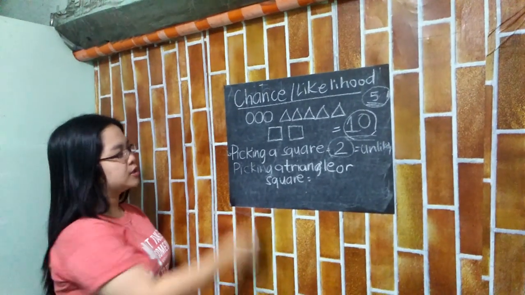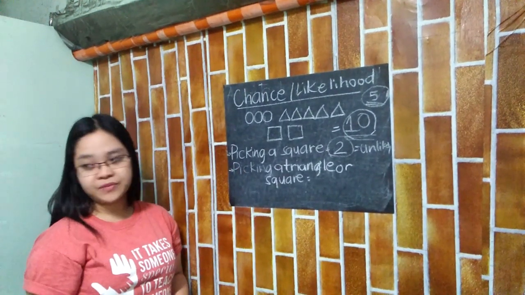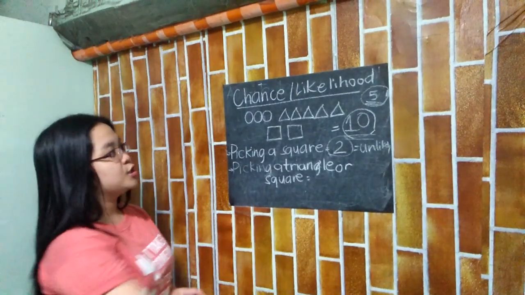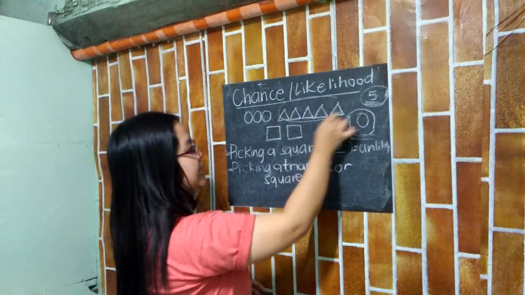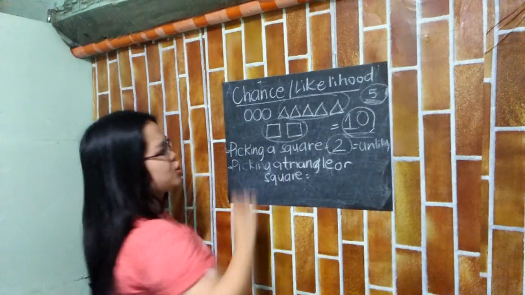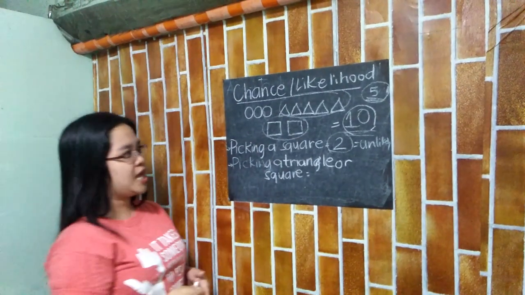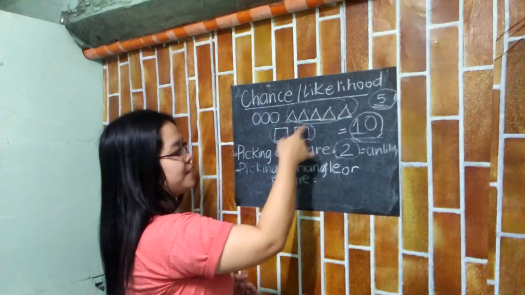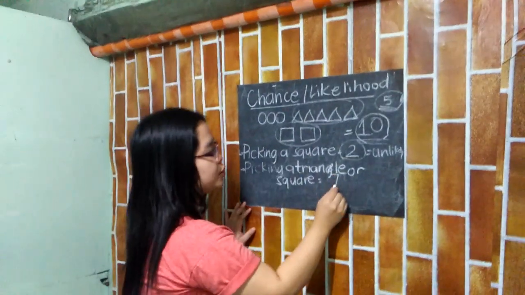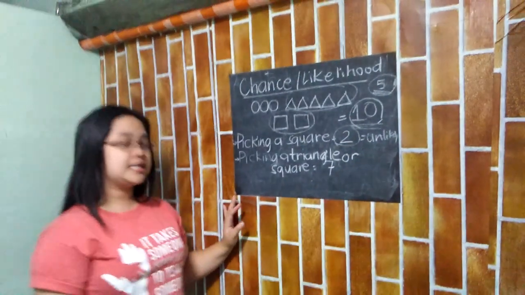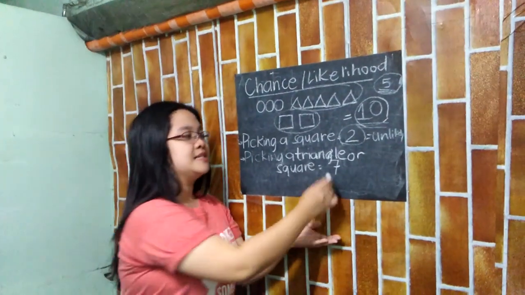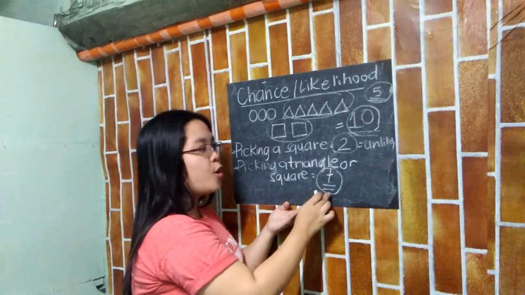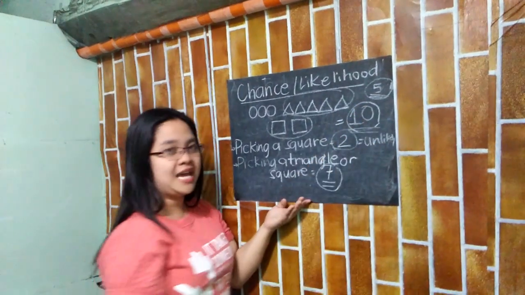Now, how about our second event? Picking a triangle or a square. So we have here a triangle and a square. So how many shapes do we have all together? So let's have 1, 2, 3, 4, 5, 6, and 7. So the total number of triangles and squares is 7. Now question, is it less than or more than half of 10?